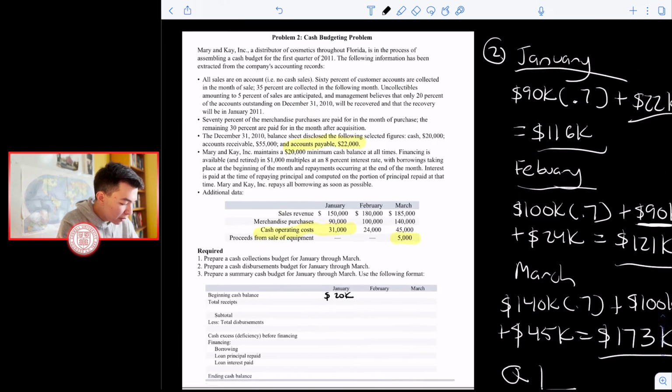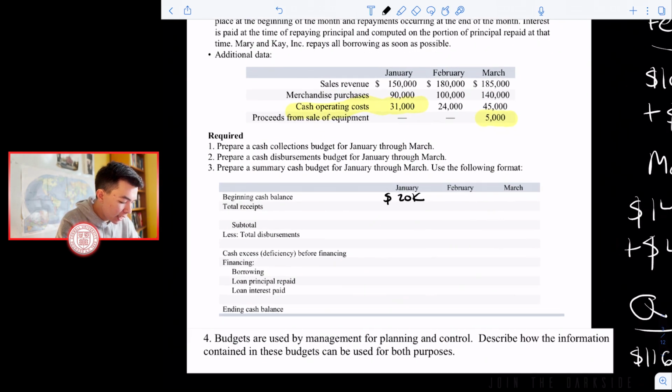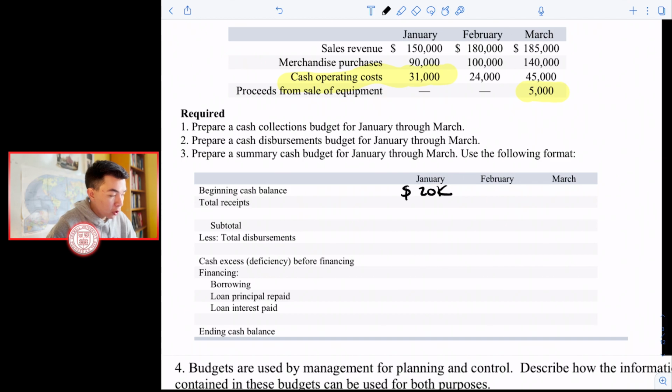And we know that because right over here, I believe they tell us that our cash balance starts at 20,000. So we get that. And now they're asking for total receipts, and receipts is the same thing as cash collections. And we actually figured that earlier. We know that our cash collections for January is 101,000, and our subtotal is going to be 121,000. So that's our total cash in January.